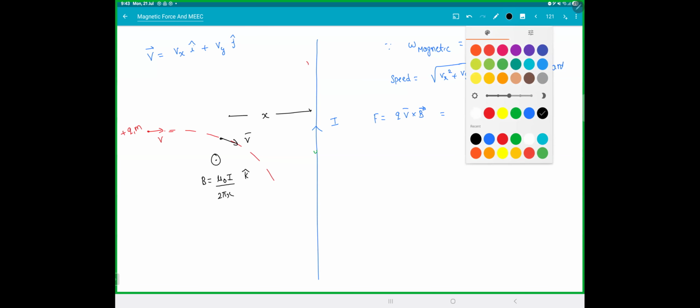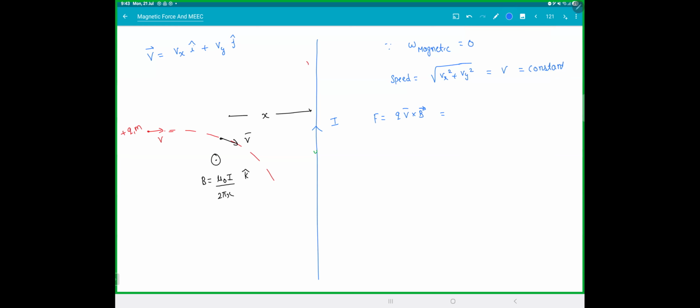So when you do the cross product, i cross k will give you minus j. This will be q Vx mu naught I by 2 pi x, i cross k is minus j cap, plus q Vy mu naught I by 2 pi x. j cross k will be i cap.